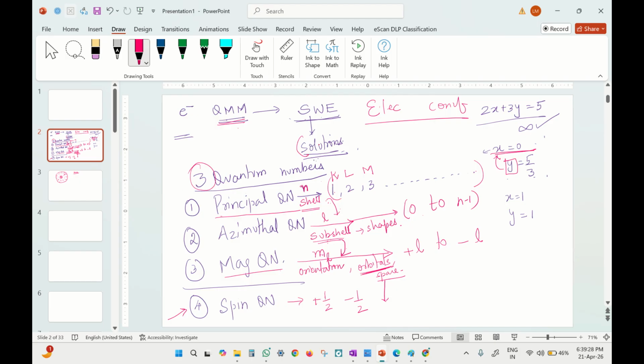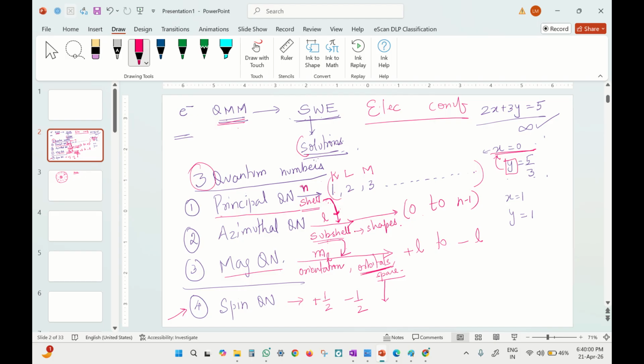You may not make meaning if you have not learnt this, but with this we will progress and do the electronic configuration. Okay, up to this something is clear at least? The last part is, in a shell, there are regions with specific shapes. In a particular shell, the electrons are present in certain subshells.